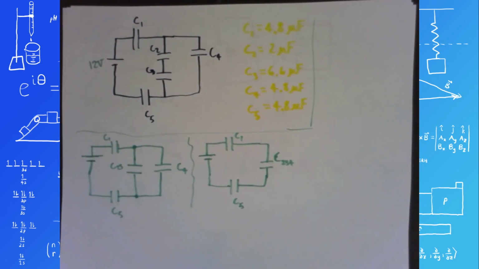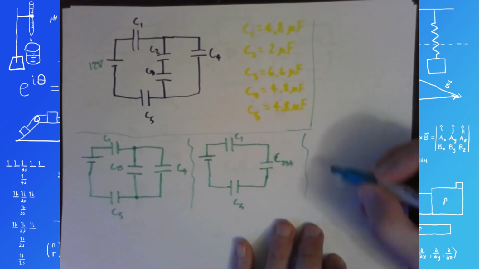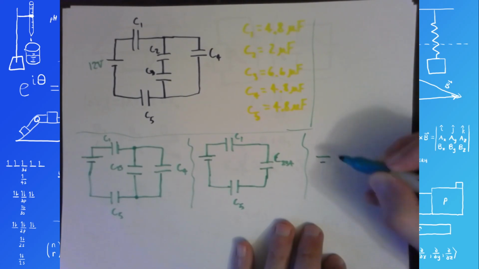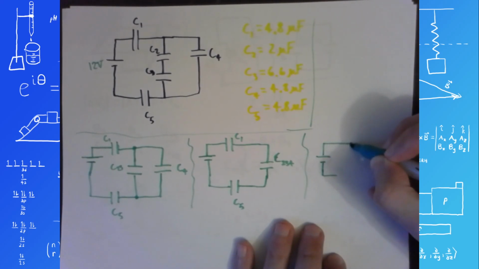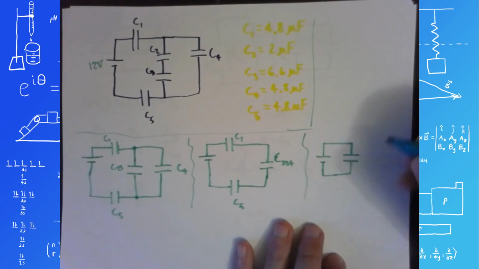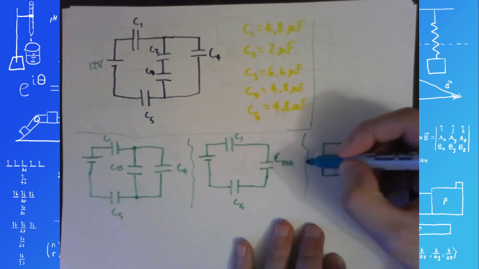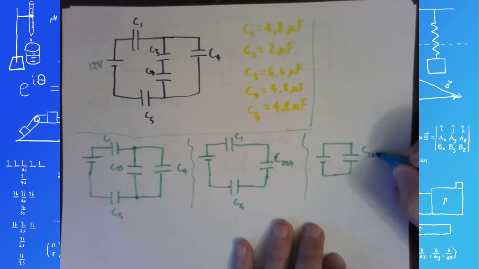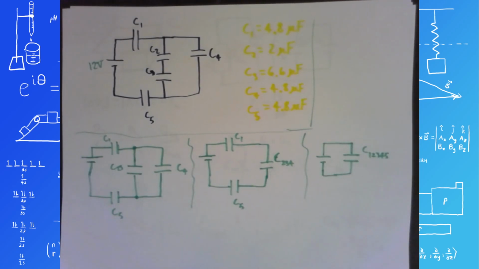So just add those 3 in series, and our final circuit simplifies to a single capacitor C12345. The combination of all 5 capacitances.